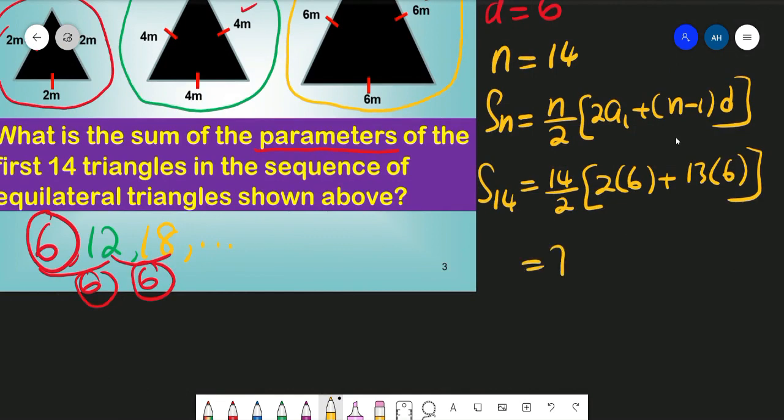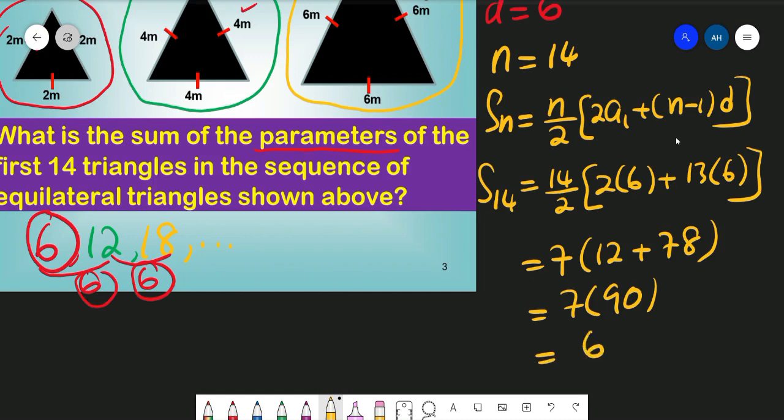We have 14 divided by 2 is 7, 2 times 6 is 12, plus 13 times 6 is 78. So this equals 7 times 12 plus 78, which is 90, and 90 times 7 is 630. The unit for this number is 630 meters.